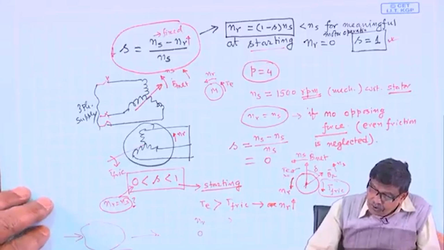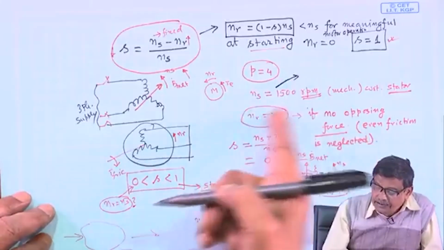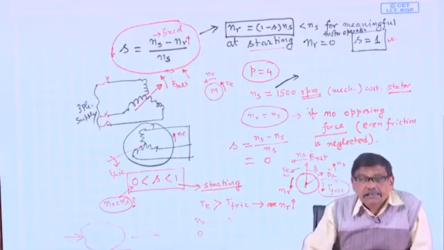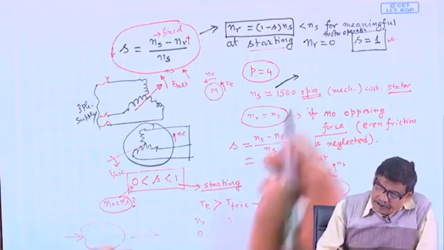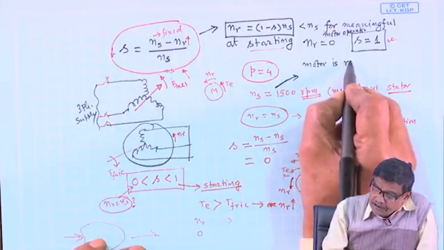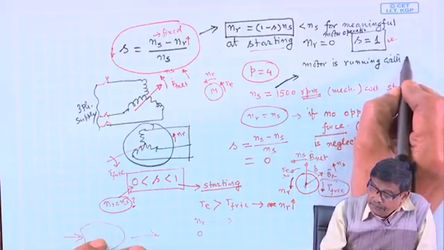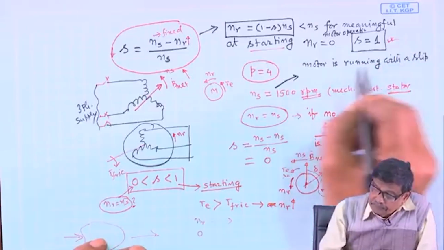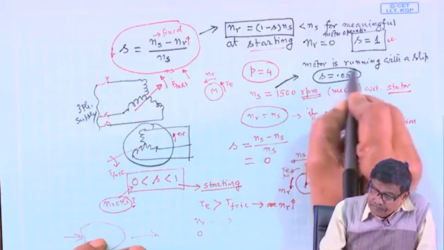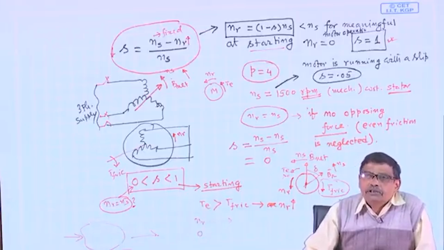Okay. So, suppose coming to this exercise, let me take Ns equal to 1500 rpm for a 4-pole machine. Instead of telling the speed, people say that the motor is running with a slip s equal to 0.05. As I told you, when somebody says slip, he is indirectly telling me about the speed.